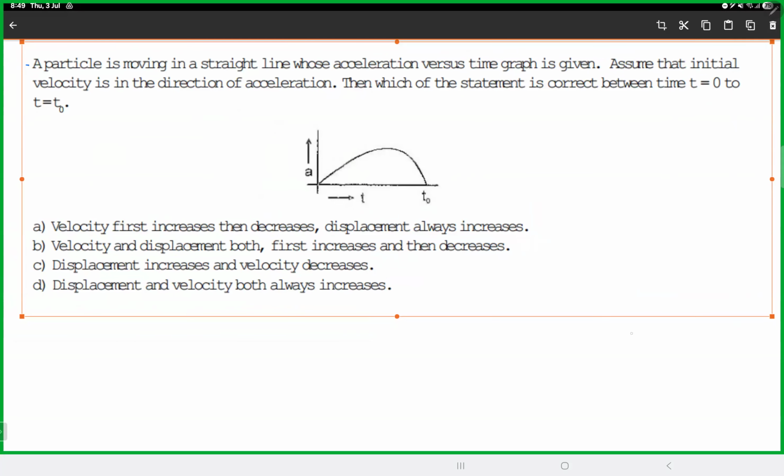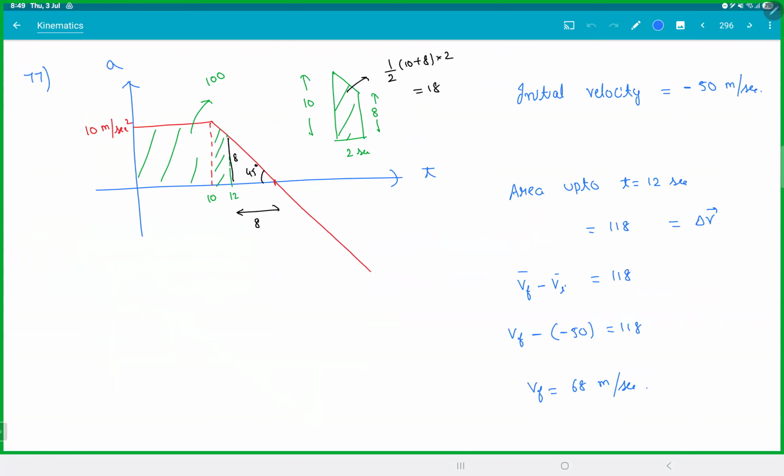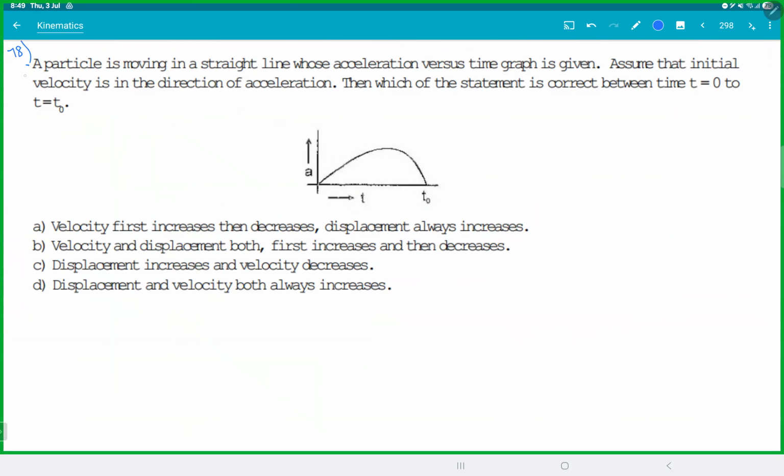Let's get this question. This is a good theoretical question. This is an a-t graph, and these are the four options.